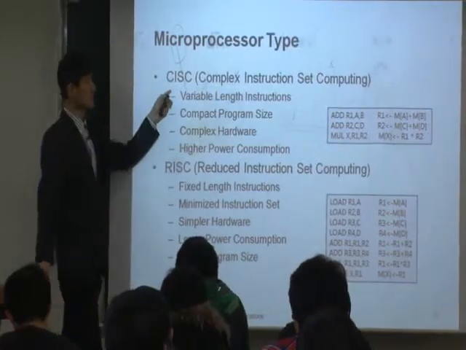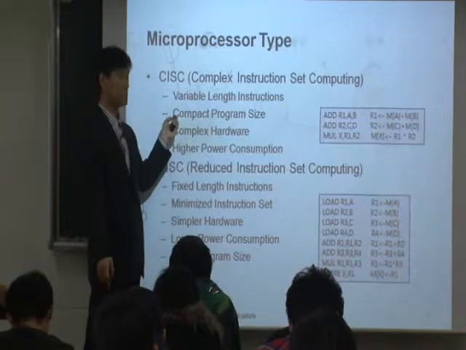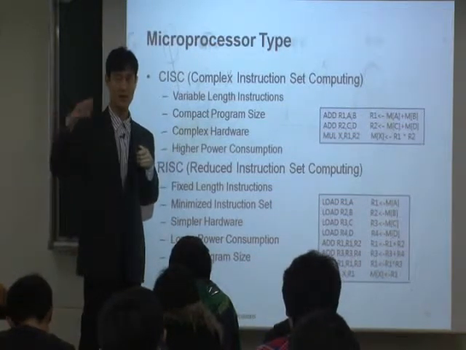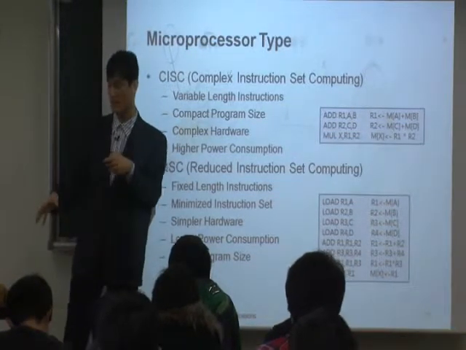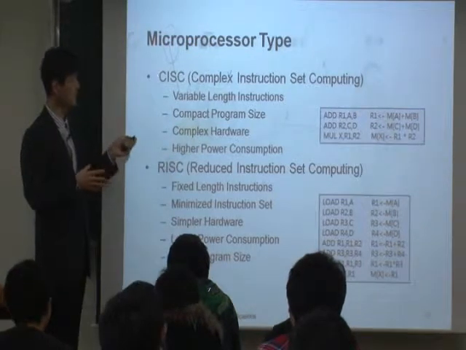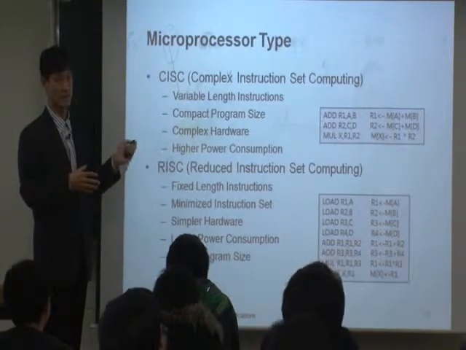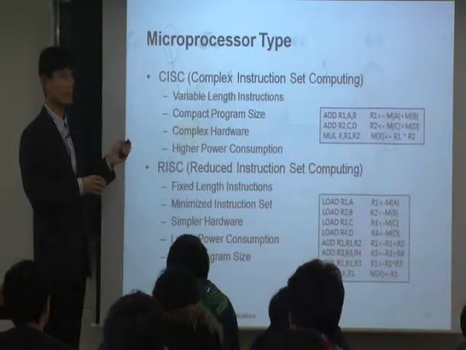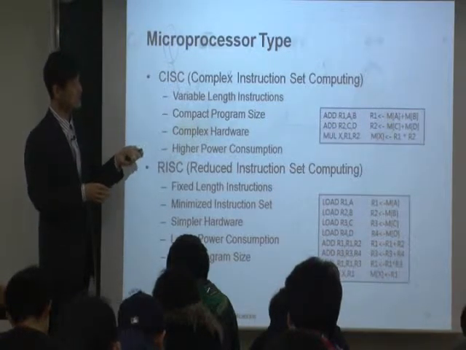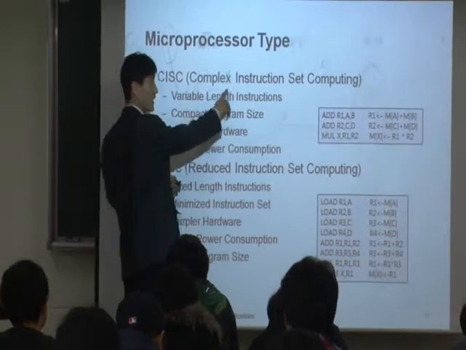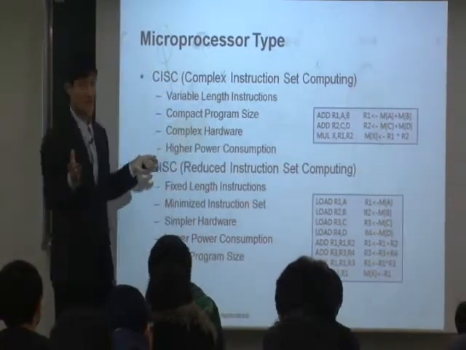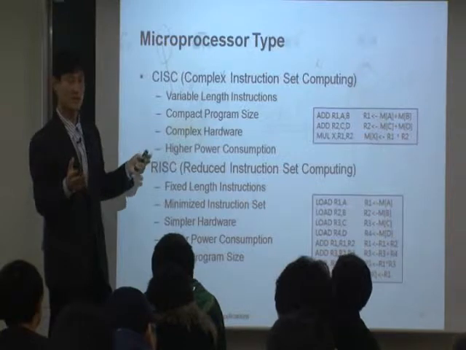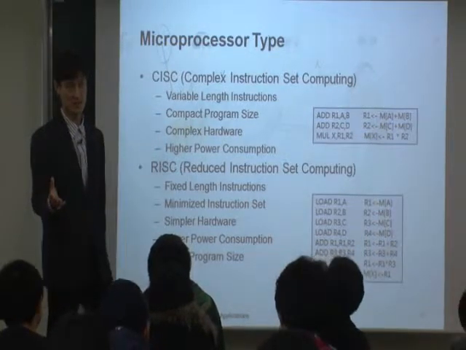So in the CISC processor, by the way, the previous Intel processors, even these days, Intel processors, they have a CISC architecture. Okay, Intel processors, traditionally, they prefer CISC. And what CISC does is that they have many instructions, like a complex instruction set, meaning that they have so many instructions.